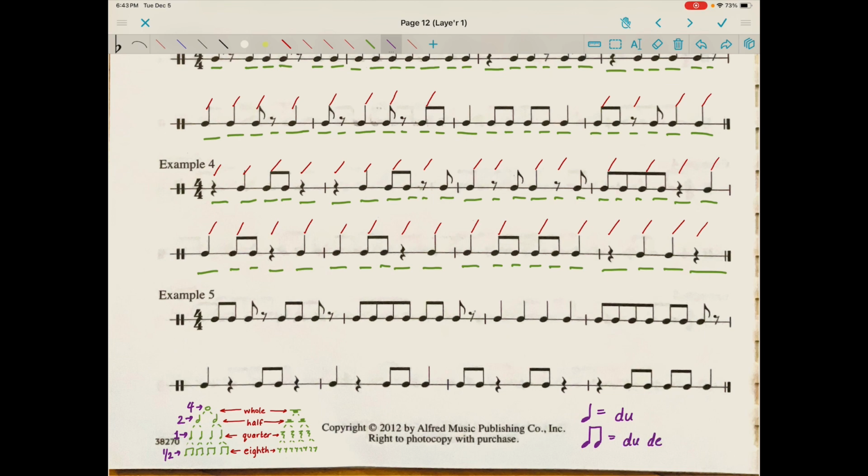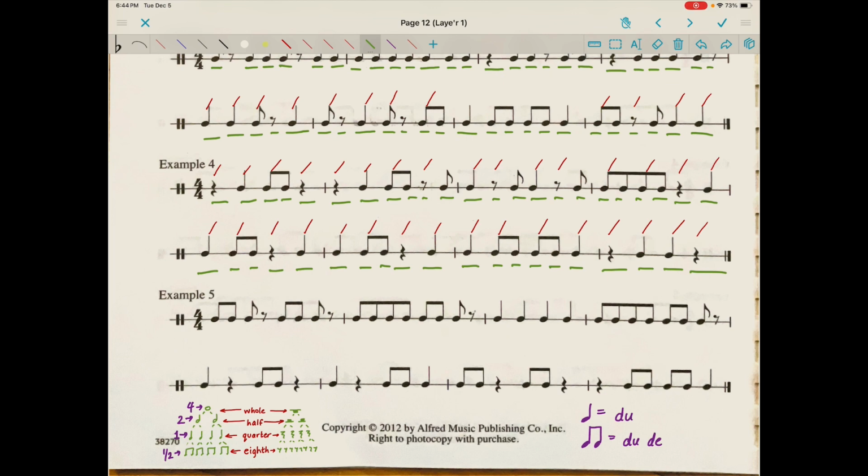Looking at example 5 now, I see that it is comprised entirely of quarter notes, quarter rests, 8th notes, and 8th rests. So I'm going to try to keep a steady subdivided pulse going either internally or mouthed or whispered of do day, do day, do day, do day. We're going to set the metronome at 60 and put this beat into our hands or feet. Ready, clap.